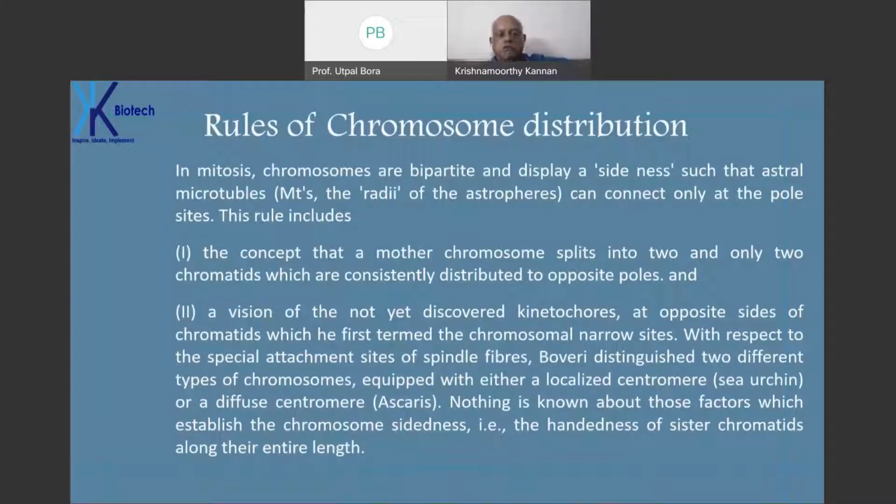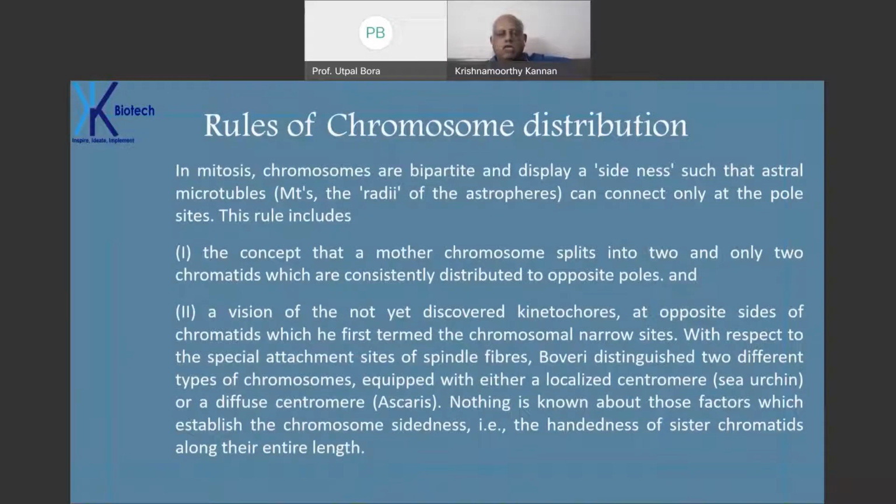A vision of the not yet discovered kinetochores at opposite sides of the chromatid, which he first termed the chromosomal narrow side. With respect to the special attachment sites of spindle fibers, Boveri distinguished 2 types of chromosomes, equipped with either a localized centromere in sea urchin or a diffuse centromere in Ascaris.